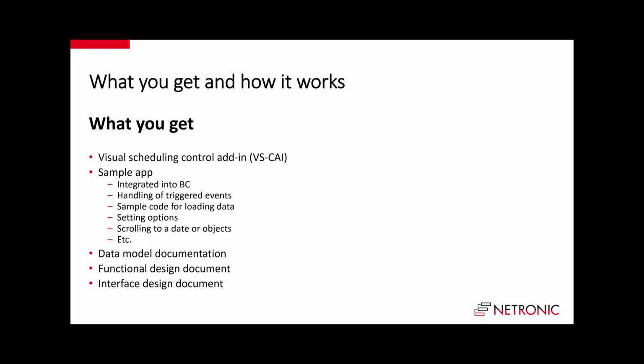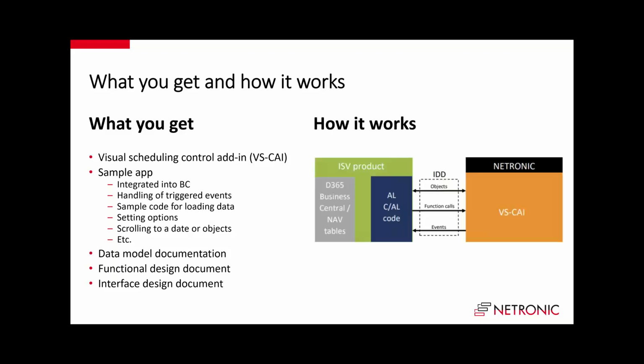You get a description of the key functions of the visual scheduling control add-in, and you also get documentation about the interface, about the API, the objects and the events. And it works in a way that you have this visual scheduling control add-in, which comes from us and which you also will not change.